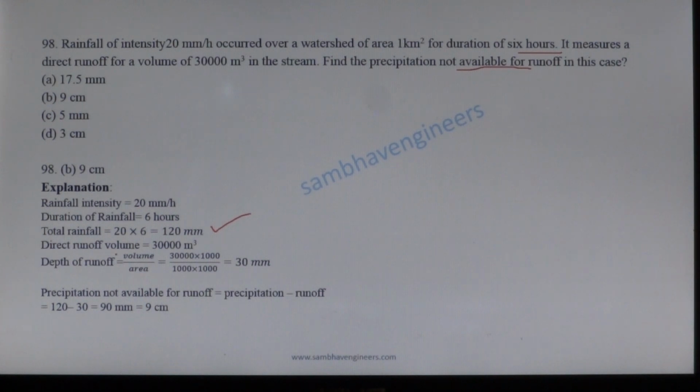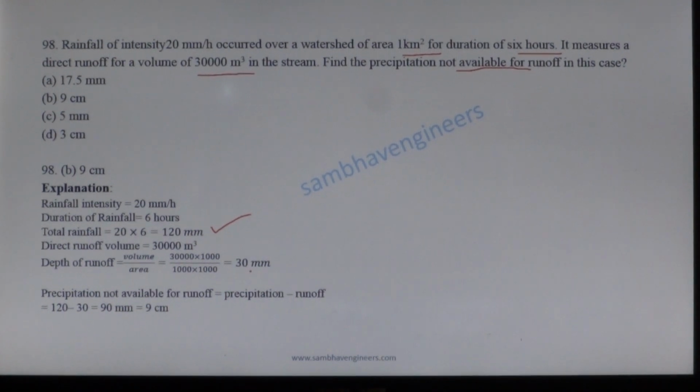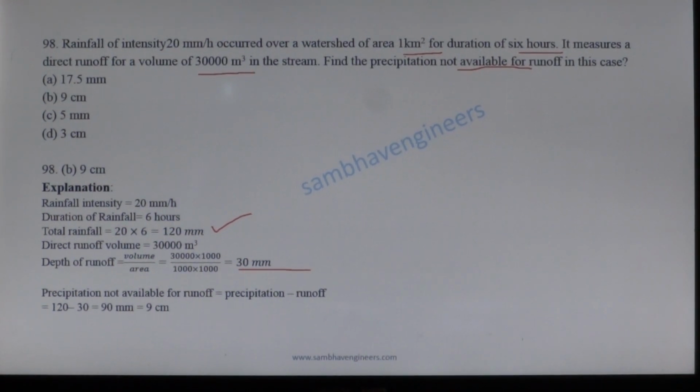Direct runoff volume given in the problem is 30,000 cubic meter. So depth of runoff is equal to volume of runoff divided by catchment area. 30,000 divided by area 1 square kilometer, which is 1000 multiplied by 1000, is equal to 30 mm.